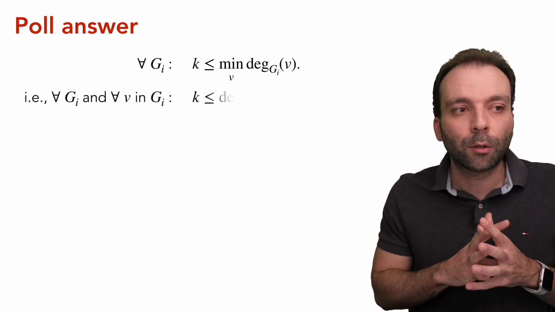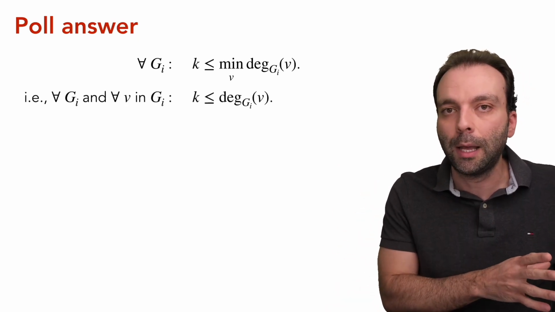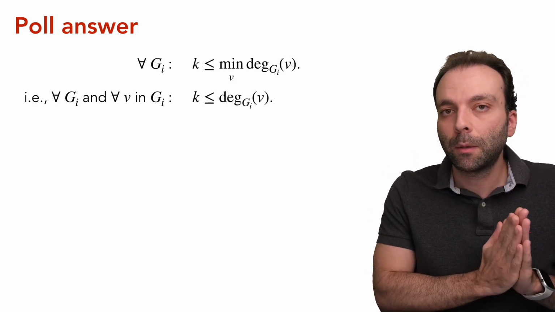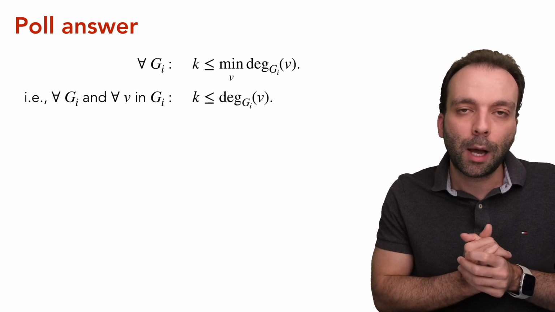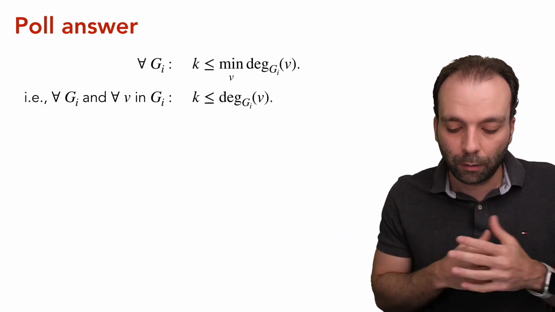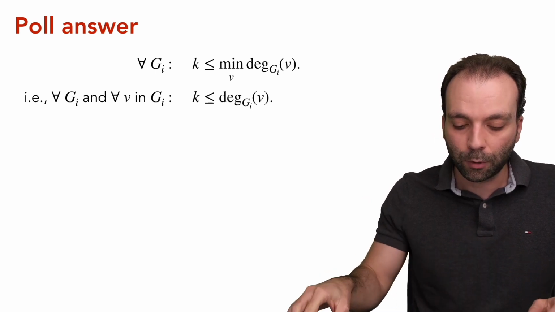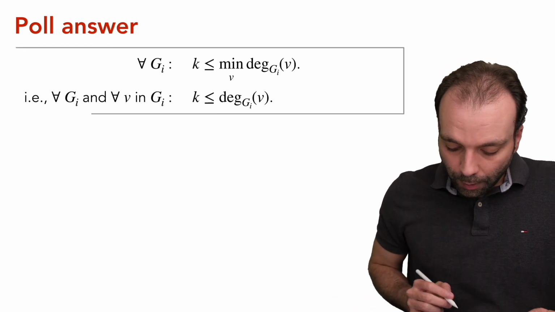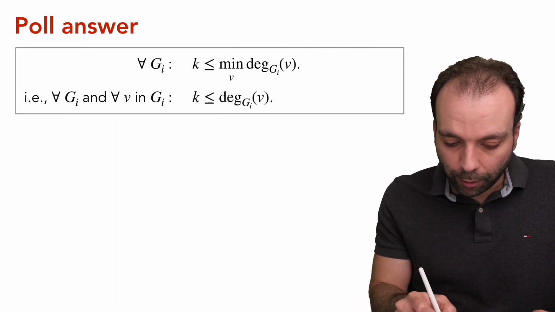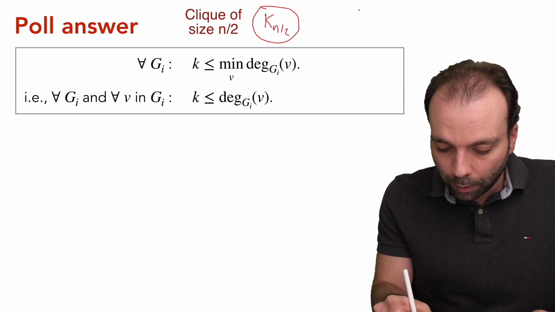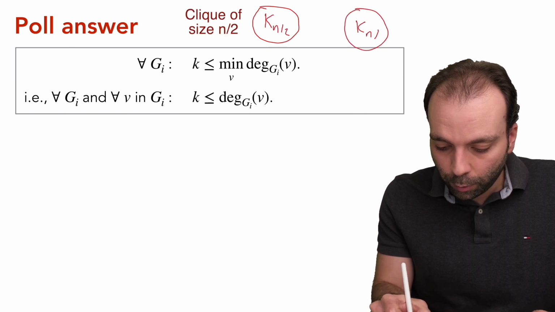Another way to say this is that for all G sub i and for all vertices in that graph, the size of the minimum cut is upper bounded by the degree of the vertex. For any vertex, the degree of the vertex upper bounds the size of a minimum cut. Now, it's definitely not going to be the case the other way. Just keep in mind this example of K n over 2, K n over 2, joined by a single edge.